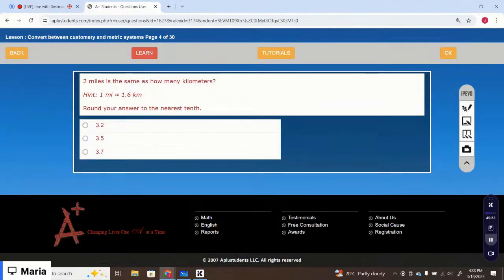Two miles is the same as how many kilometers? You are given 1 mile equals 1.6 kilometers. So you have to do 2 times 1.6, so which is the correct option?